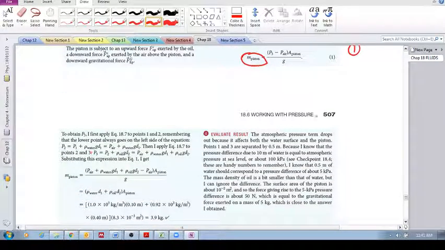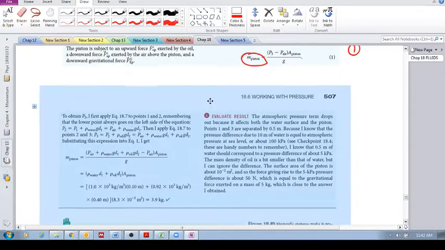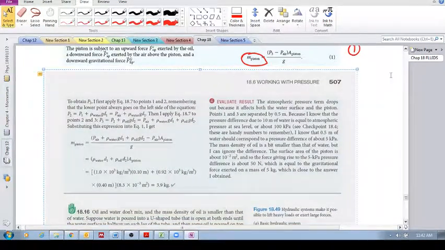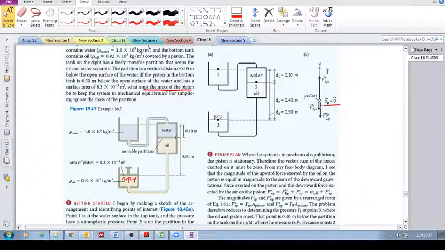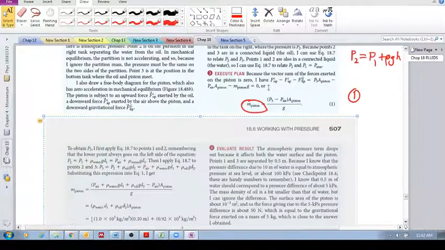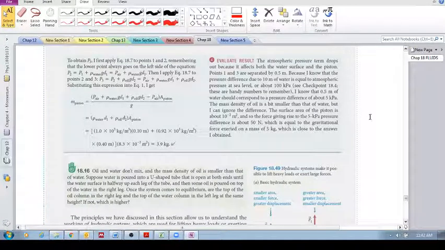So pressure 2, let's just see if I can move this up a bit. How does pressure 2 relate to pressure 1? And how does pressure 3 relate to pressure 2? That's what we're going to do.